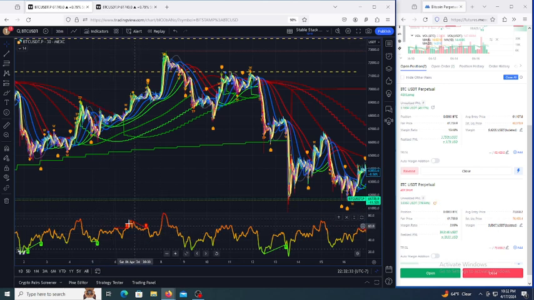Okay, if the divergences are in the middle, they're not as strong as if they're up top, or if they're coming from the top or the bottom. See how this one came out of the bottom? These ones in the middle, they're not as strong, but it just depends what direction it's going.